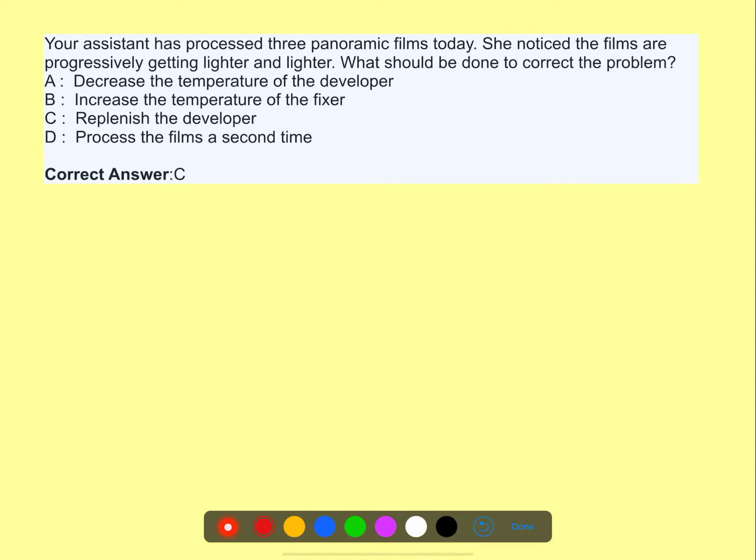Your assistant has processed 3 panoramic films today. She noticed that films are progressively getting lighter and lighter. What should be done to correct the problem? If you go into the textbook statement, they will become lighter and lighter because the concentration of the developer is decreased.